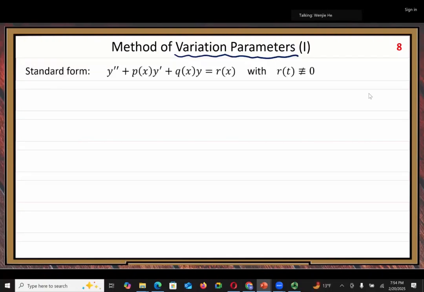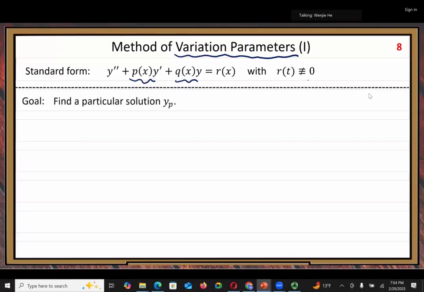All right, standard form. This time the coefficients are functions, right? P function, Q function. More general. R is not identical to 0, non-homogeneous. But we want to find a particular solution, yp.